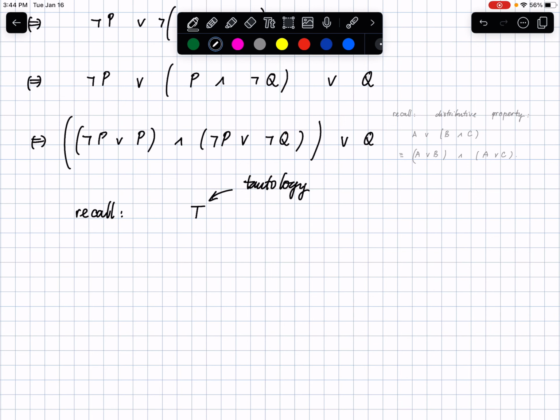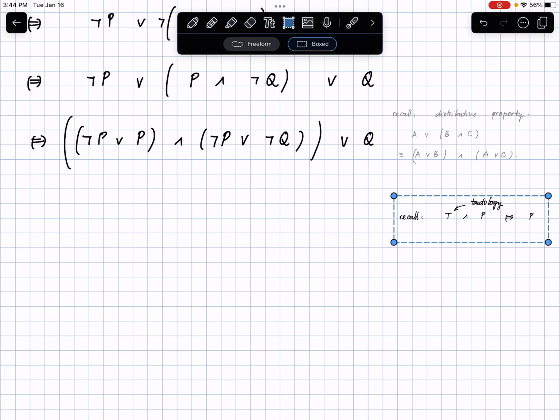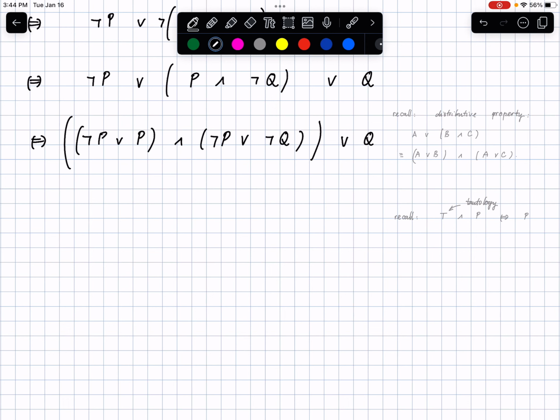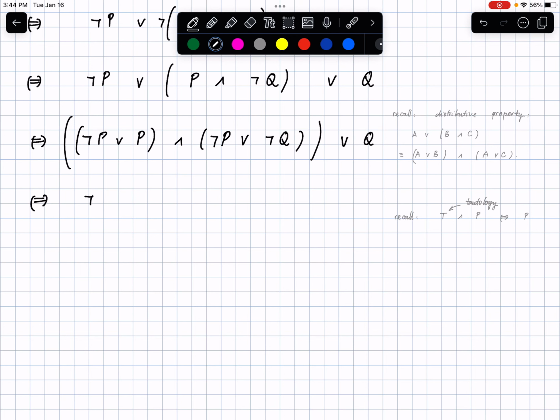A tautology and a statement P is equivalent to the statement P. So we have a tautology and a statement, which is the same as the statement itself: not P or not Q.